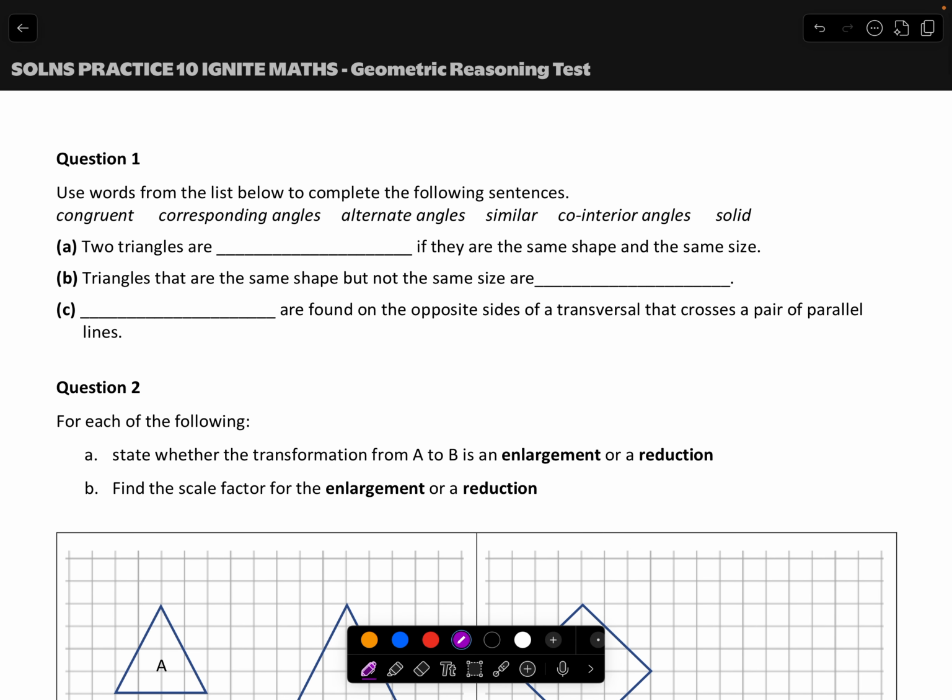Angle BAC equals angle DEF equals 80 degrees because given. Angle ABC equals angle EFD equals 60 degrees because given.